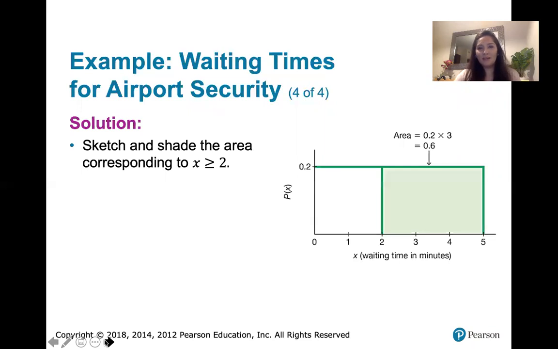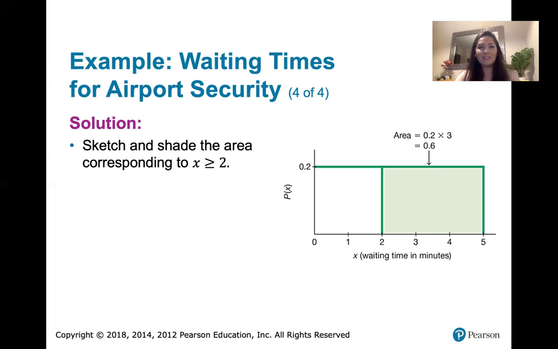So if we didn't already have this graph of the probability density function, we would create it. We would know that it's equal to a constant, because we were told that that variable is uniformly distributed between 0 and 5. And in order to find that constant, we would just take the range, take 5 minus 0, get 5, and then say, well, if the range is 5, then that height must be 1 over 5, so that the area under the curve is 1.